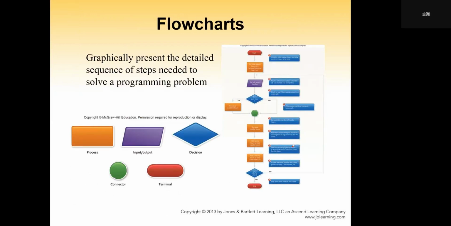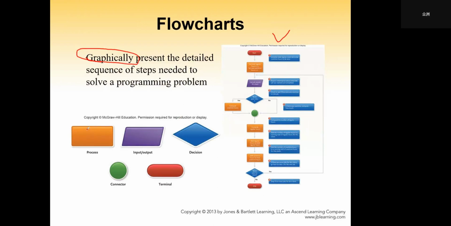And then we introduce the flowchart. We use a flowchart to represent the algorithm, and it is a graphic way to represent the program. It graphically represents the detailed sequence of the steps needed to solve programming problems. So this is an example of a flowchart. We can see here we have different shapes using different colors, and the different shapes in fact represent different parts.